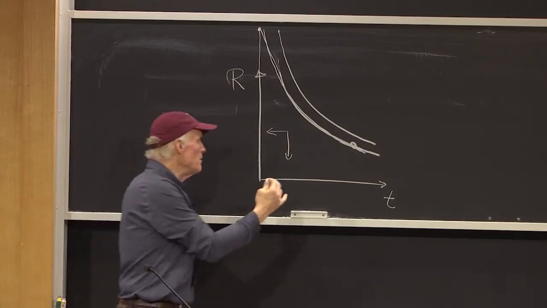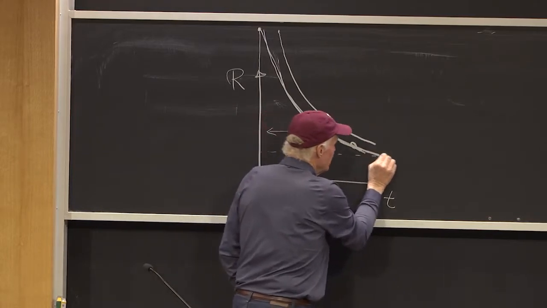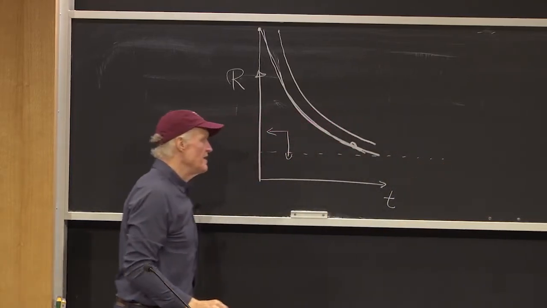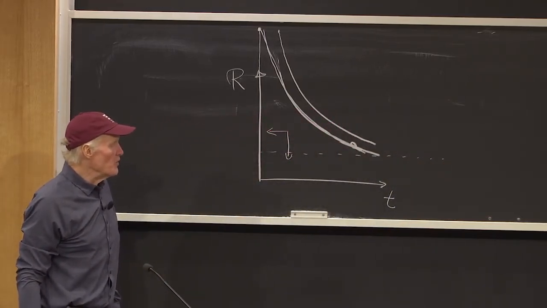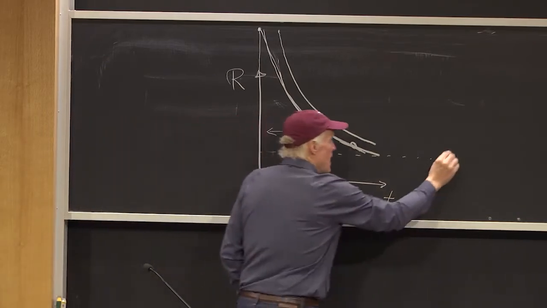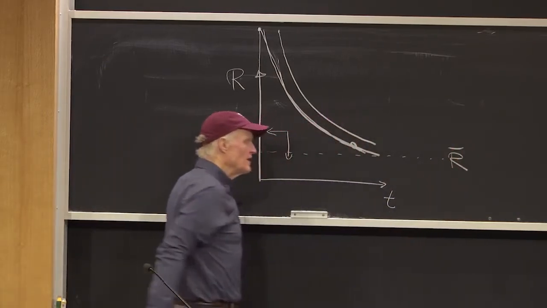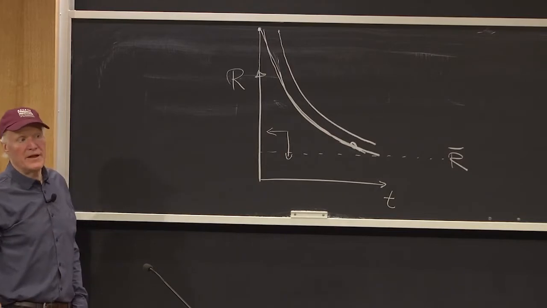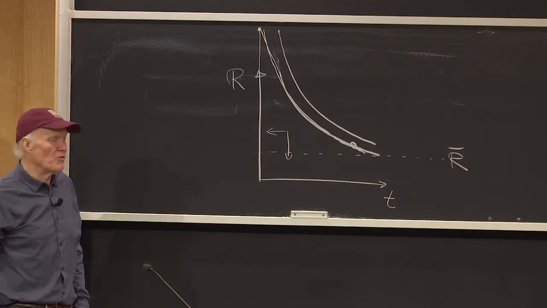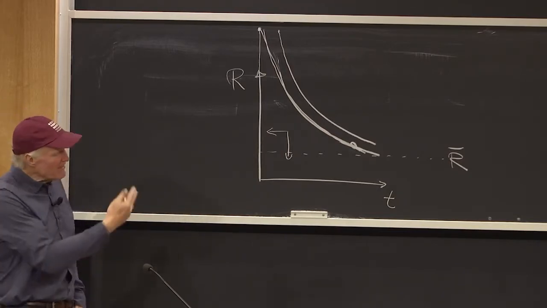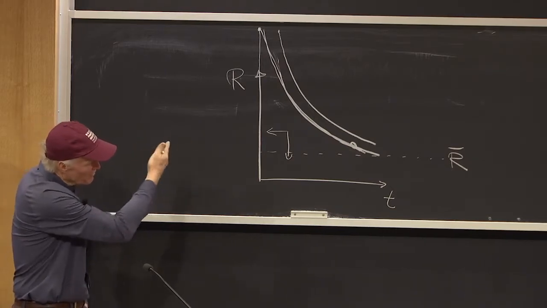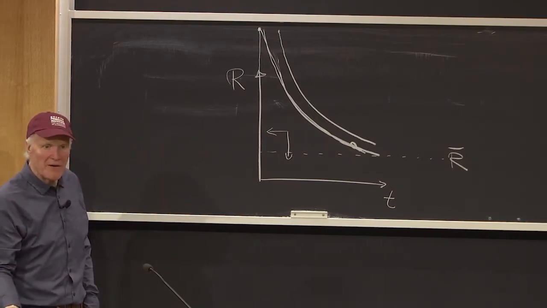And in this problem, the natural place to think about the boundary condition was to think about a world in which there was some backstop rent R bar that the land could earn independent of how far it was from the city. And the fact that R bar is flat as opposed to a function of t doesn't really matter.